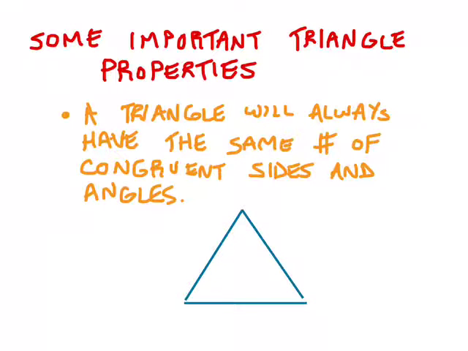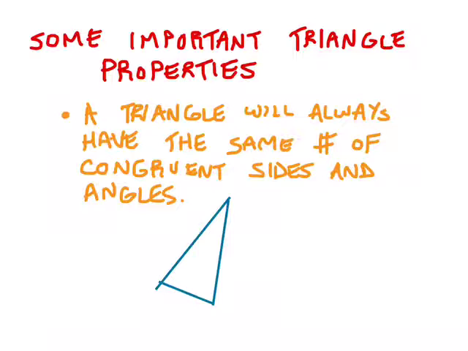Similarly, if this is an isosceles and equilateral triangle, it'll have all three sides the same, and all three angles will also have to be the same. This works both ways. So if I tell you that these two angles are congruent and the other one on the triangle is not, you'll know that the two sides are also congruent.